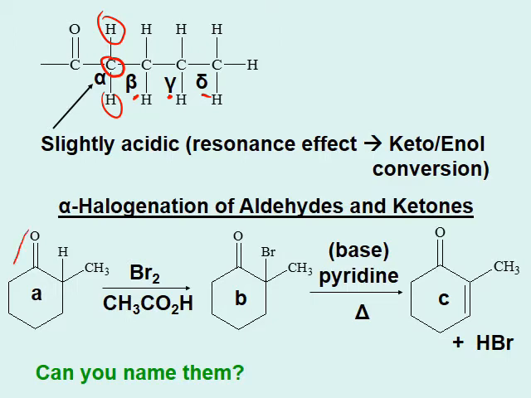This is the compound you're looking at, which has a carbonyl group. Let me use a different color. This is the carbonyl group, and this is the alpha location. So you have alpha location on both sides. Let's now focus on one of these sides, which has a methyl group. Remember, carbon must have 4 bonds, so this carbon also must have 4 bonds.